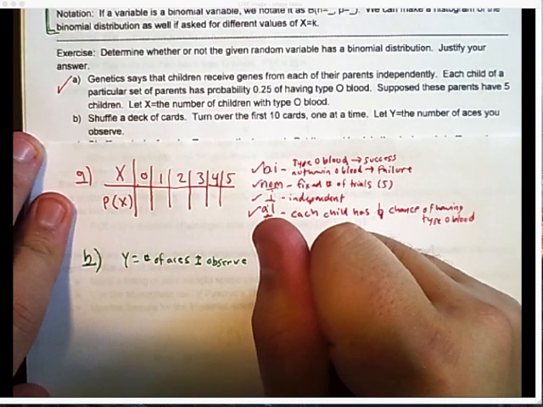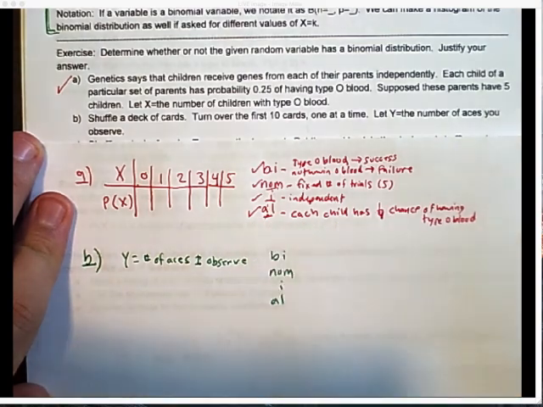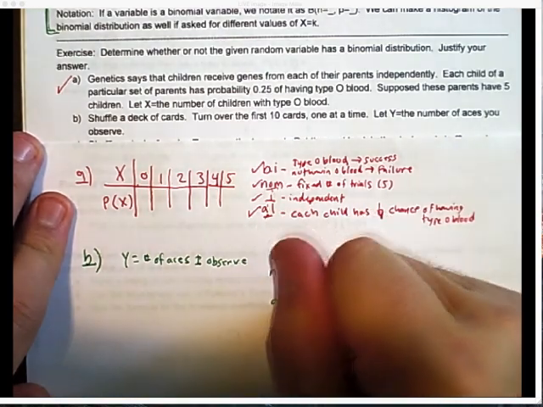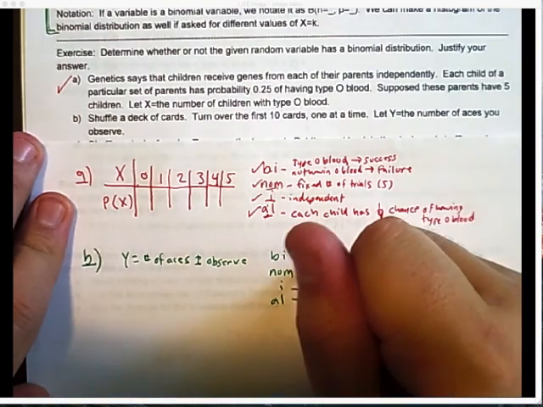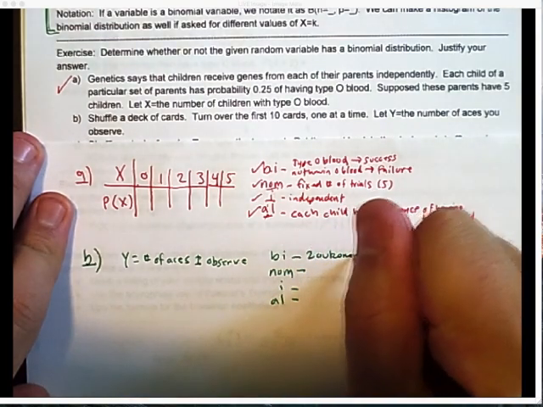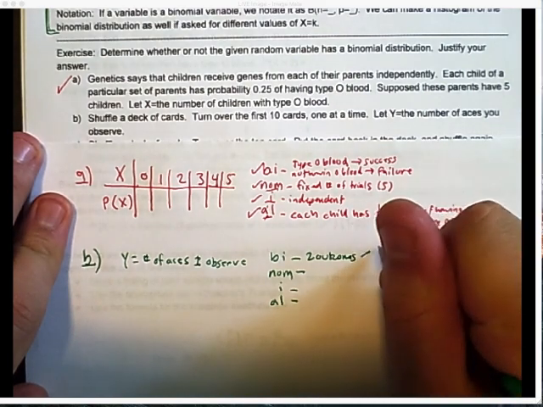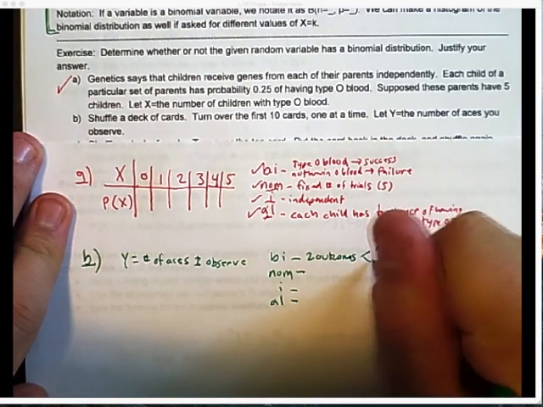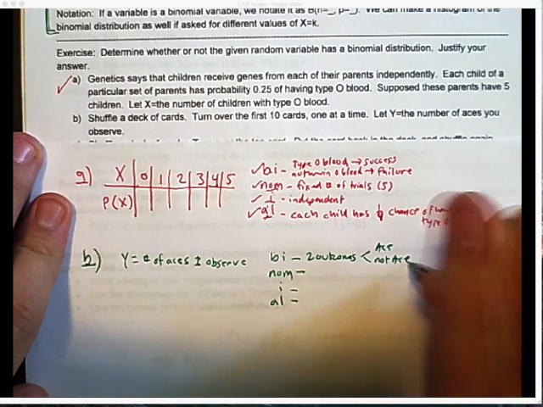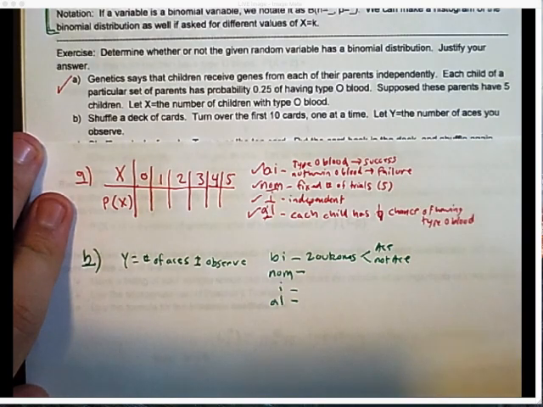Let's think about our conditions here: B, I, N, O, M, I, A, L. Are there only 2 outcomes? I can either get an ace or not an ace, so we can divide this into success and failure. So that works.